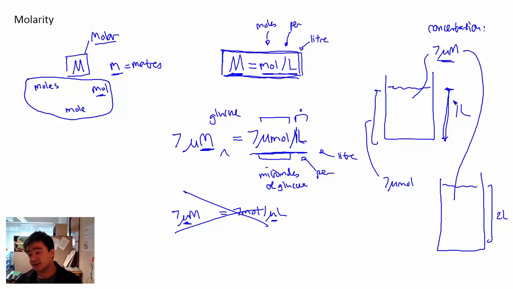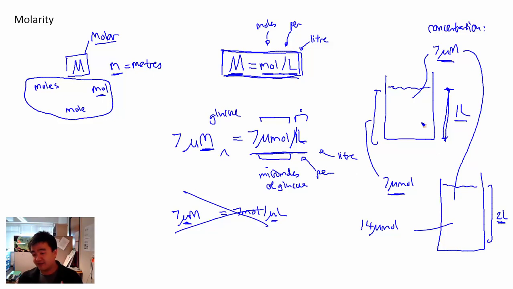but the concentration is still the same. It's still 7 micromolar. Again, it expands out to 7 micromoles per liter. 7 micromoles in 1 liter of solution. If I have 2 liters of solution, this means in here I now actually have 14 micromoles of the glucose swimming around inside this 2 liters.